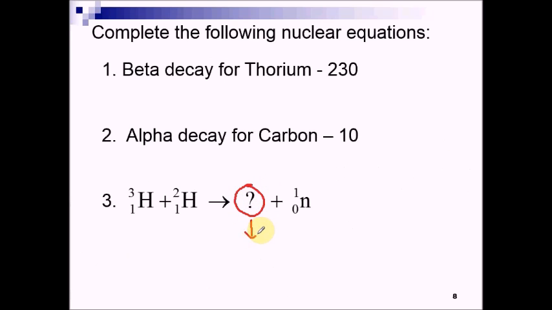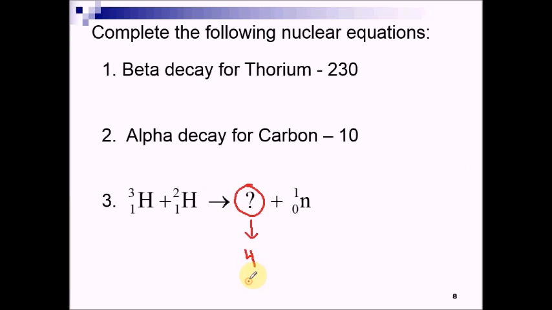So we should easily be able to tell what the top number is. Right here we've got 3 plus 2, which is 5, equals question mark plus 1. So 5 equals what plus 1? Got to be 4. On the bottom we have 1 plus 1, of course that's 2, equals what plus nothing?